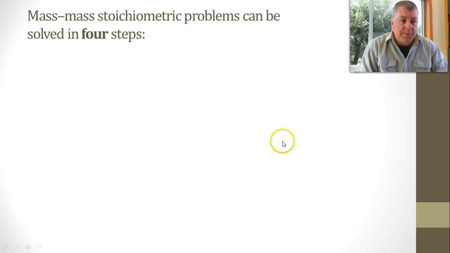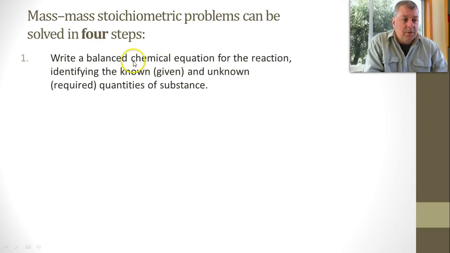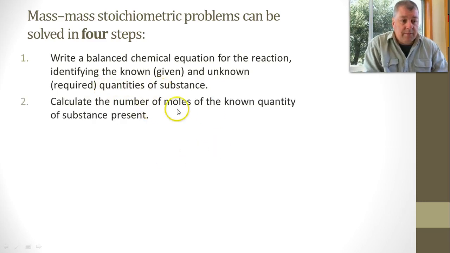So there are 4 steps in the first method that I'll show you. First, write the balanced chemical equation, identifying the known substance and the unknown or required substance. Second, calculate the number of moles of the known substance, so we need to convert it into moles if we're given a mass.